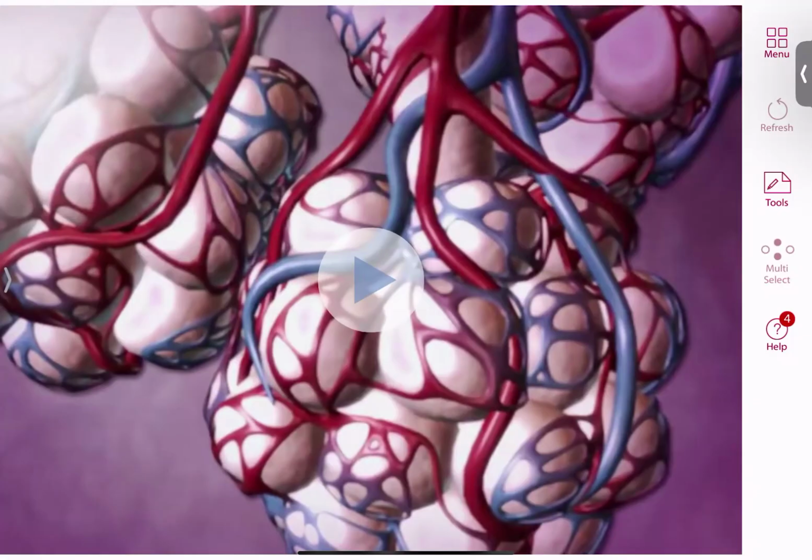And carbon dioxide from the tissues will be received by the blood, which is transported either in the dissolved form in plasma, or in the form of bicarbonate, or even in the form of an unstable complex with hemoglobin called carbaminohemoglobin.